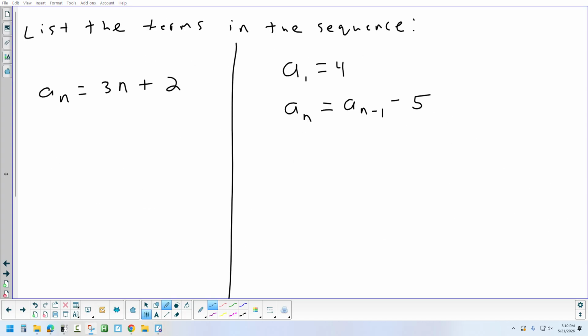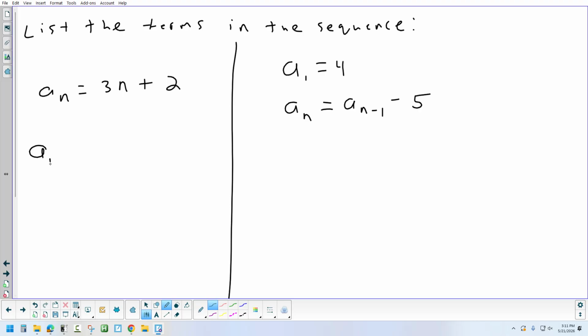Okay, so for the next problem, they want us to list the terms in the sequence. I've given you 2 kinds of sequences. The one on the left, anybody know the word that describes that kind of sequence? Yeah, it's explicit. You can find any term you want by directly plugging in the position of that term.